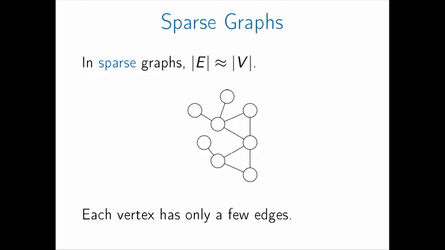This is very reasonable for a lot of models you want to think about. If you think of the internet as a graph, there are billions of web pages, but any given web page is only going to have links to a few dozen others. So the degree of any given vertex, the number of neighbors it has, is much smaller than the total number of vertices. So you end up with a very sparse graph.